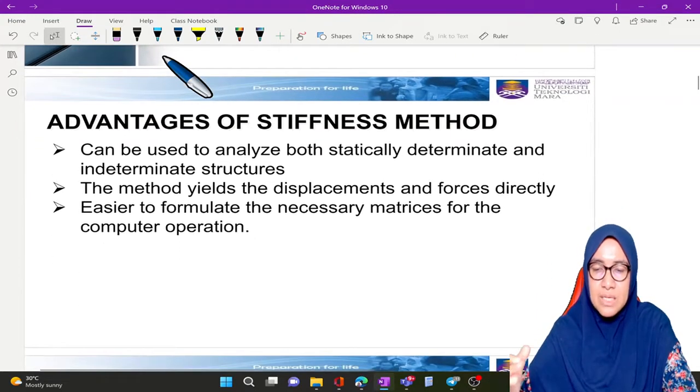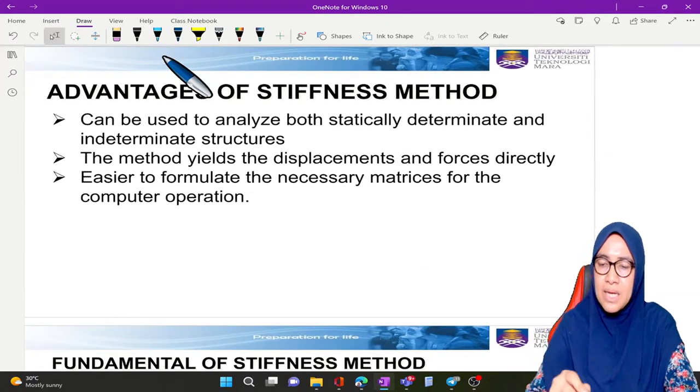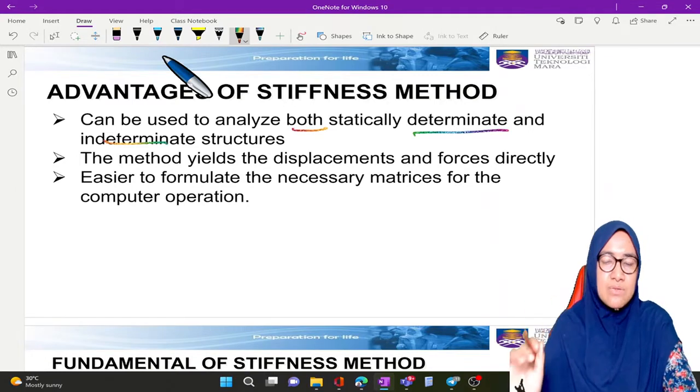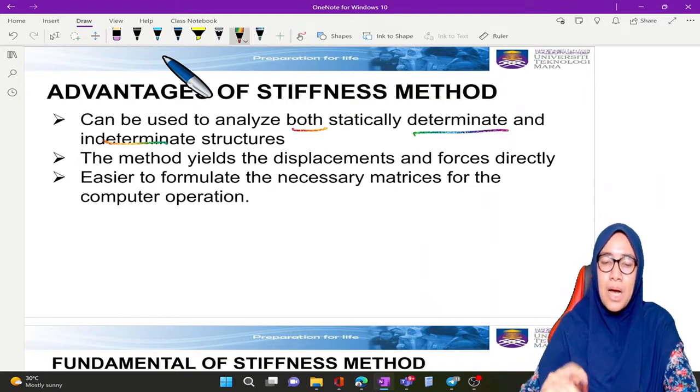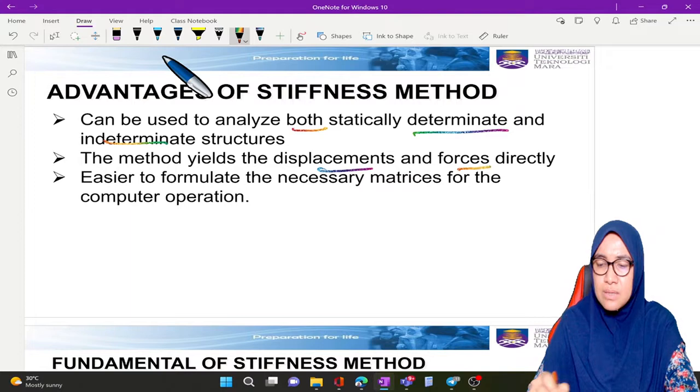Advantages of the stiffness method, as I mentioned just now: it analyzes both statically determinate and indeterminate structures. The method yields displacement first and then forces. Number 1 is displacement, number 2 is forces.